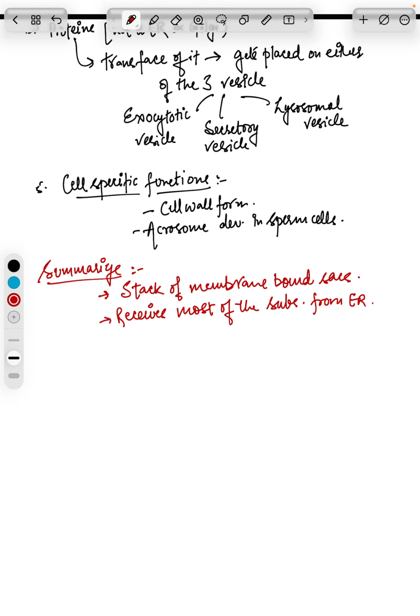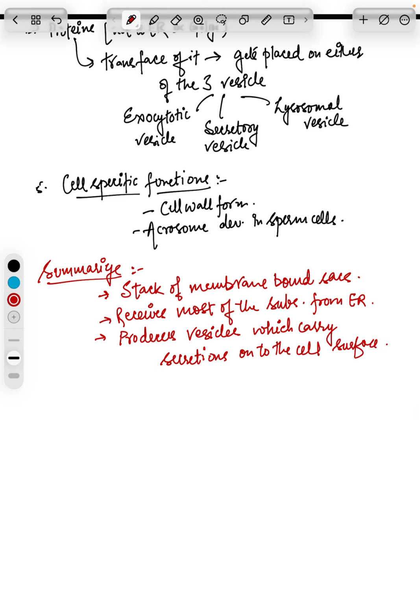It produces vesicles which carry secretions onto the cell surface.